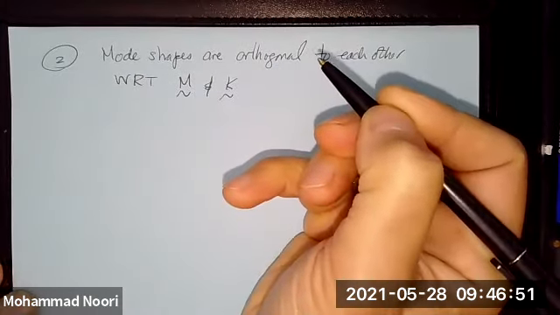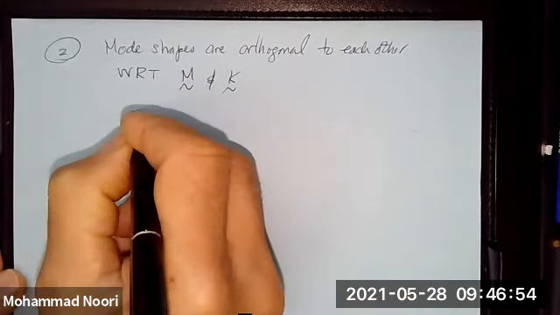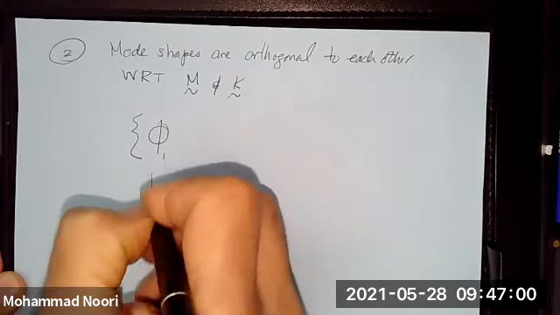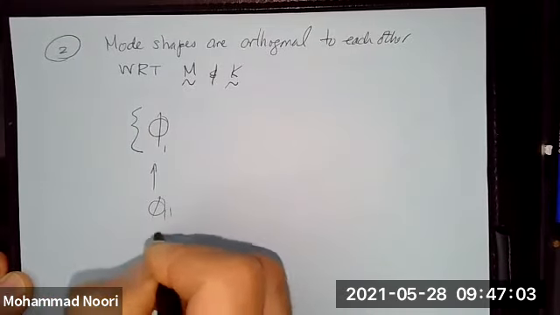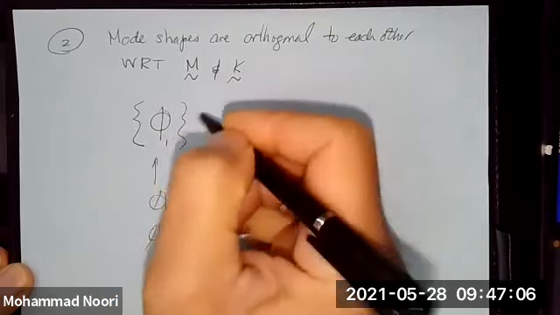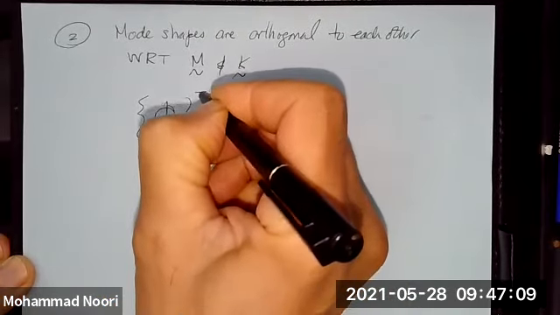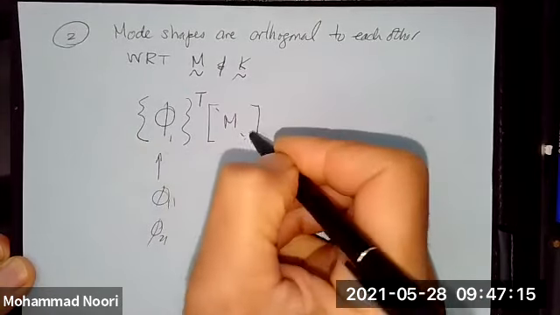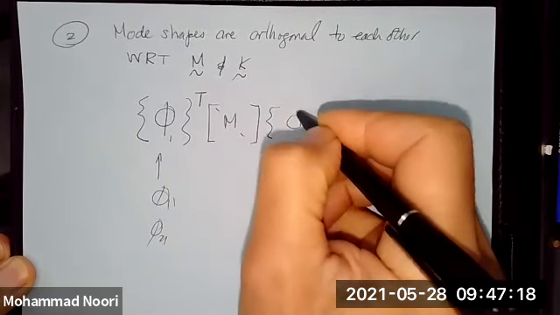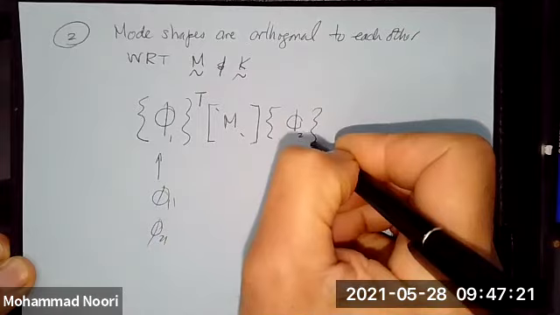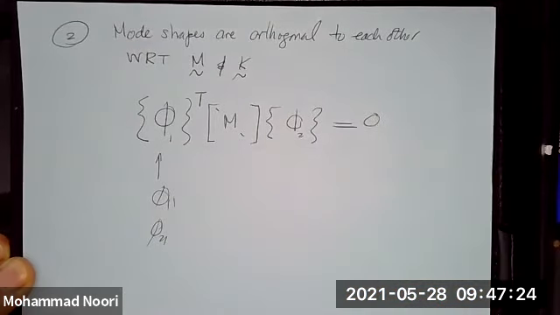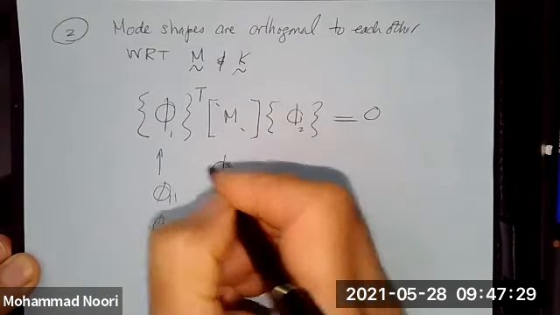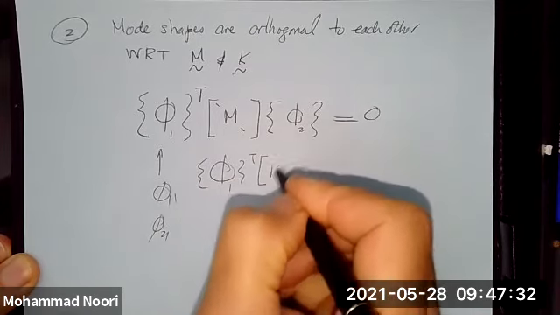What does that mean? If you write the first mode shape, let's say Phi1, which is Phi11, Phi21, consider the transpose of that, multiply it by the mass matrix, and multiply that by Phi2, this always results in 0. The same thing happens if you perform that operation with the stiffness matrix.